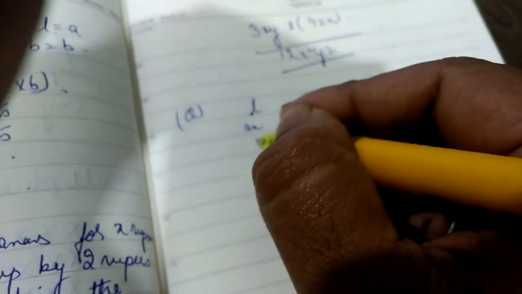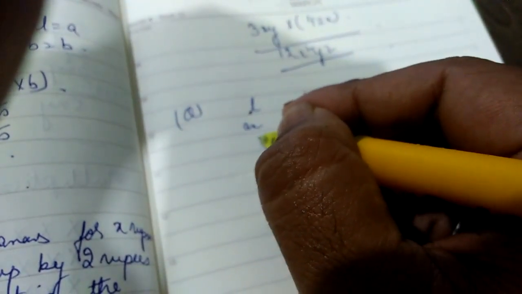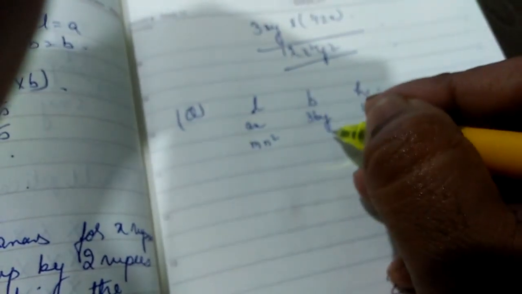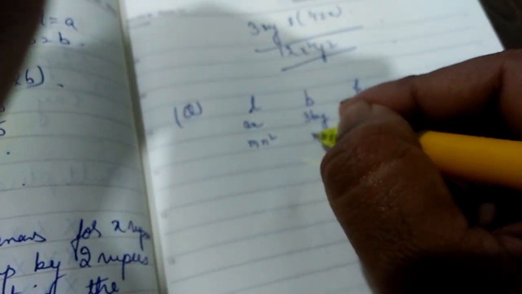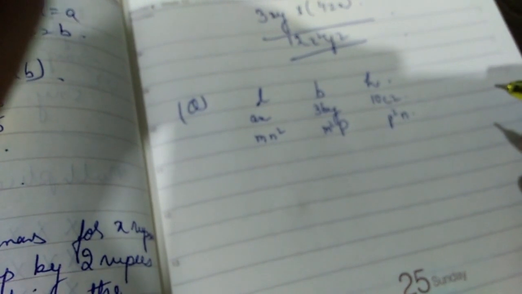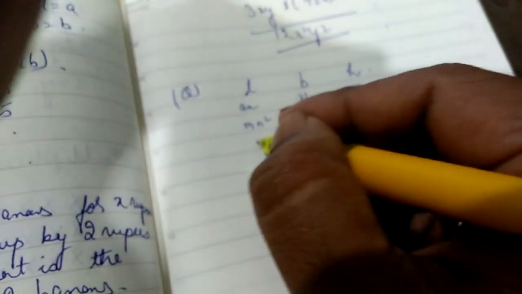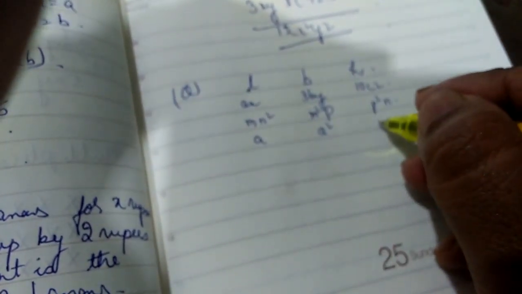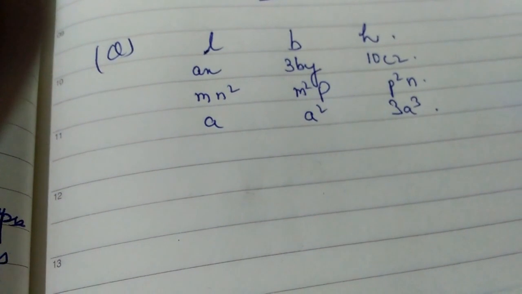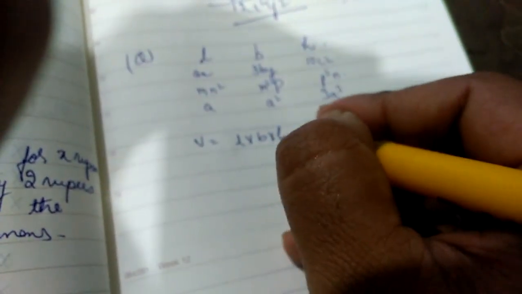For the next one, let's say it is mn square, m square p, p square n. And for the third case it is, let's say, a square, 3a cube. What we need to do is find the volume of the rectangle. So volume is length into breadth into height.